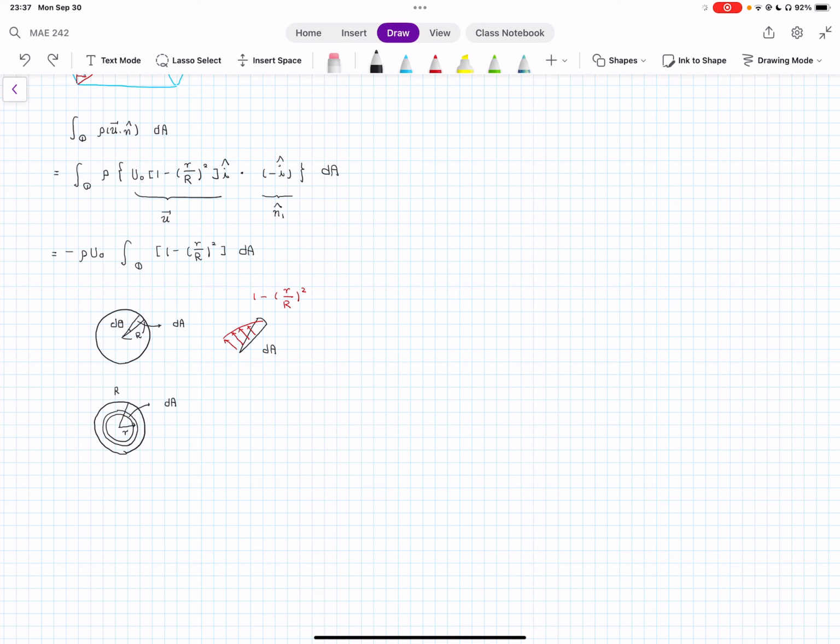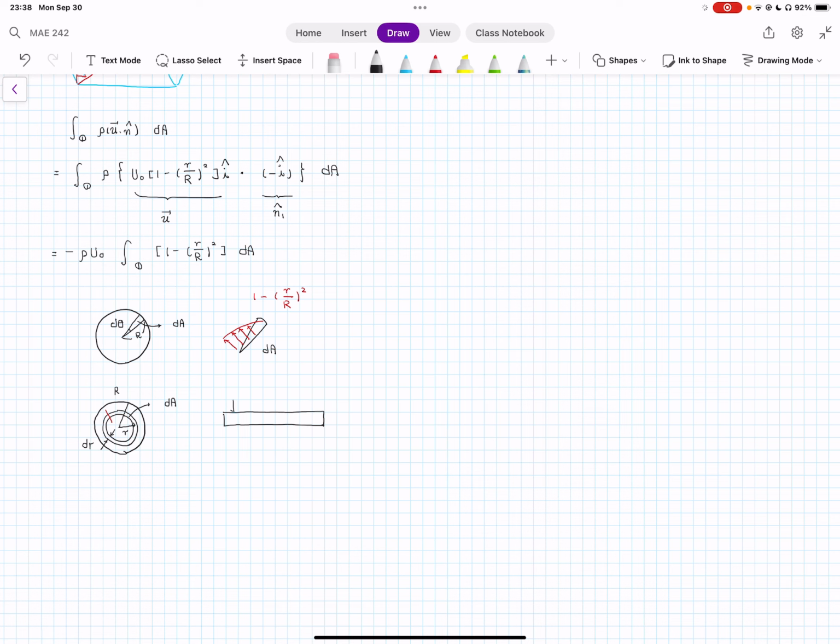Okay. So in this case, along the radial direction, the thickness is dr. Then how do I represent dA in terms of the radial coordinate? This is a ring, but you can cut it here and draw the geometry like this. It used to be a ring, but now I cut it here.